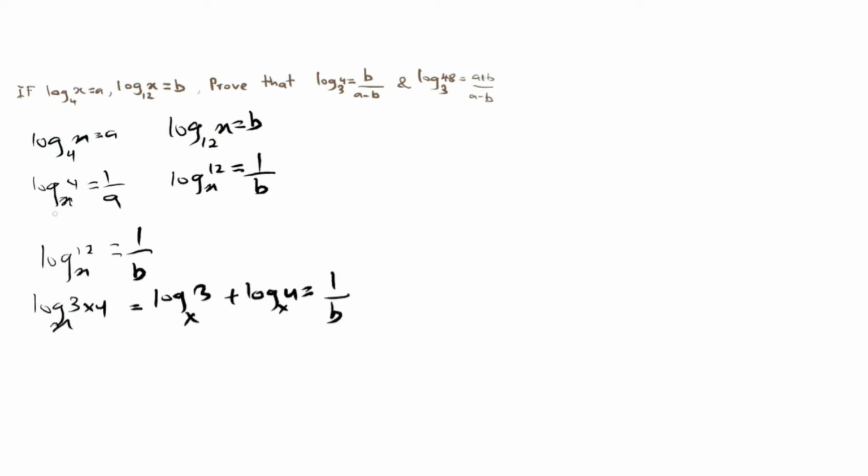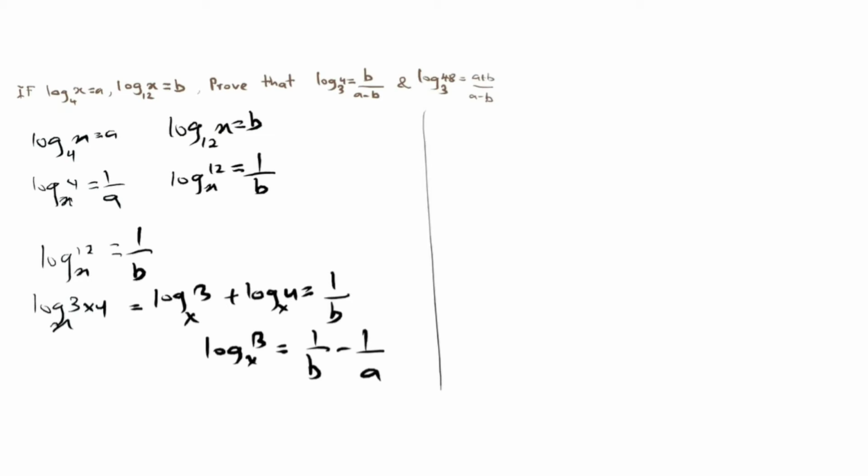But what's log x 4? Log x 4 is 1 over a, so we subtract it, and we'll get log x 3 equals 1 over b minus 1 over a. So now we have all the requirements we need.